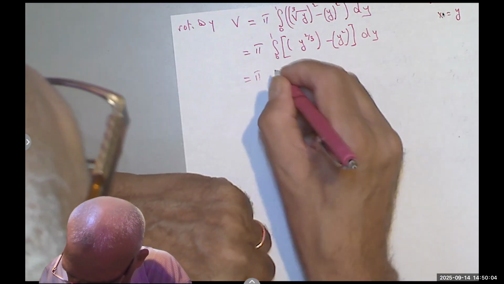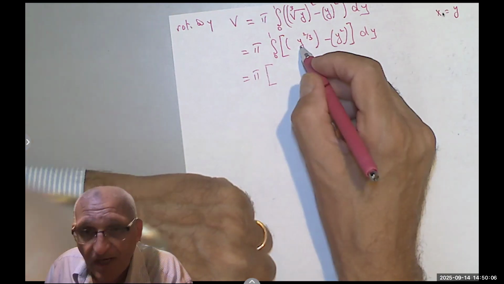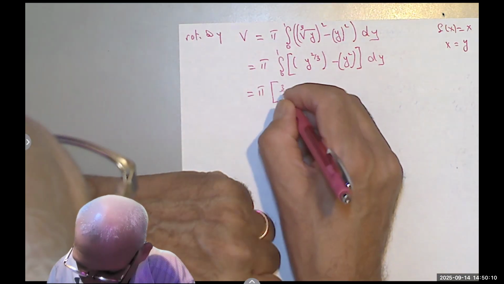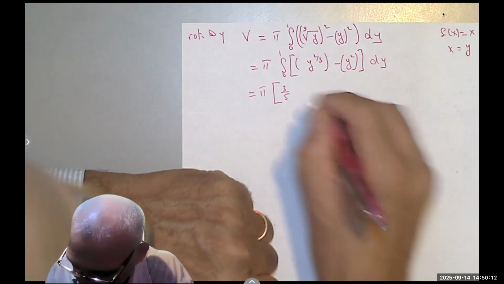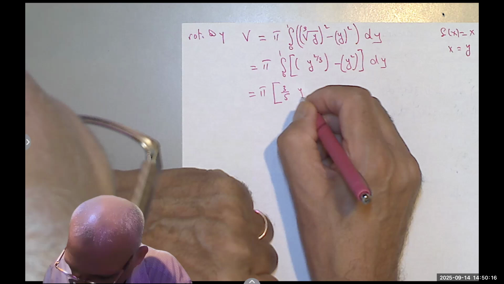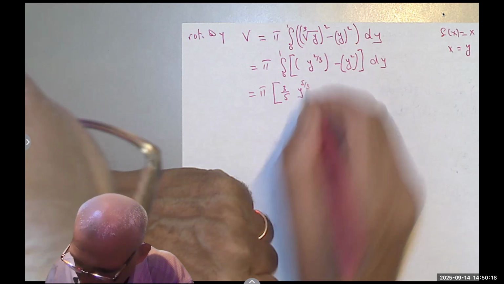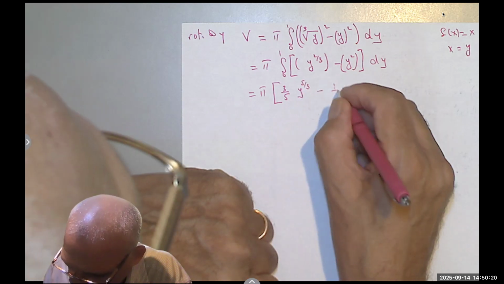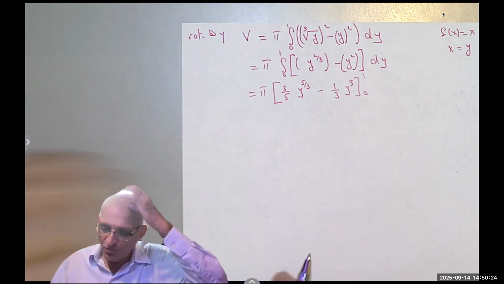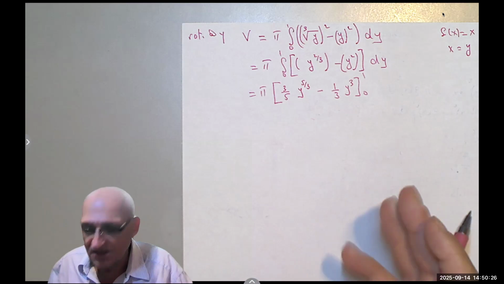Equals pi times, you add 1 to the 2/3, you get 5/3. You divide by 5/3, which is like you multiply by 3/5. So 3/5 y to the 5/3 minus 1/3 y cubed. And again, we evaluate from 0 to 1. We don't care about the 0, it's 0.